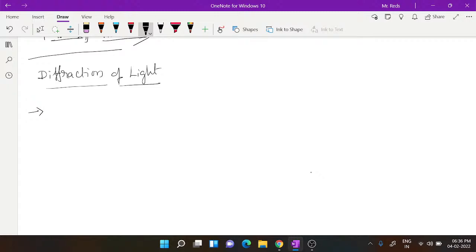If it is three-dimensional, like a circular hole or aperture, when light is passing through it three-dimensionally, if you imagine, light rays are passing like this.